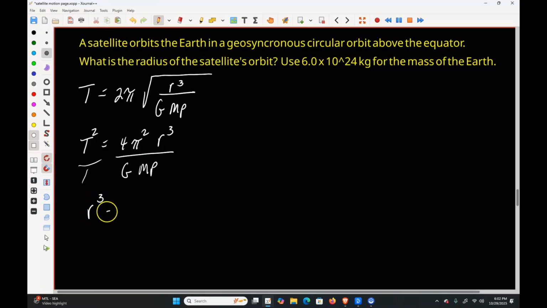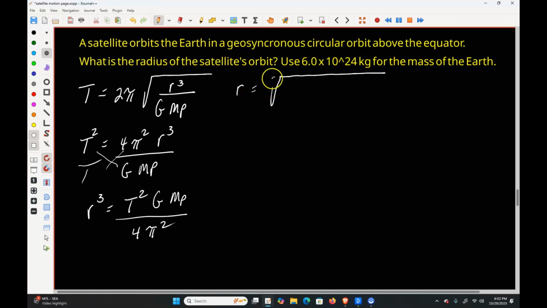So r cubed is equal to T squared, multiplying across G, the mass of the planet, and we'll divide by 4 pi squared coming across the other way. So the radius is equal to the cube root of T squared G Mp over 4 pi squared.